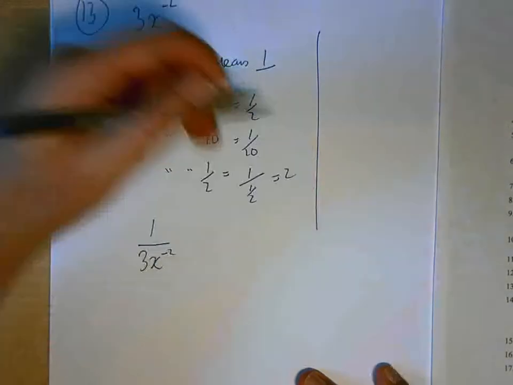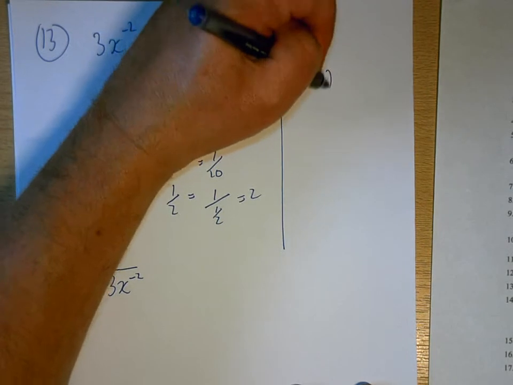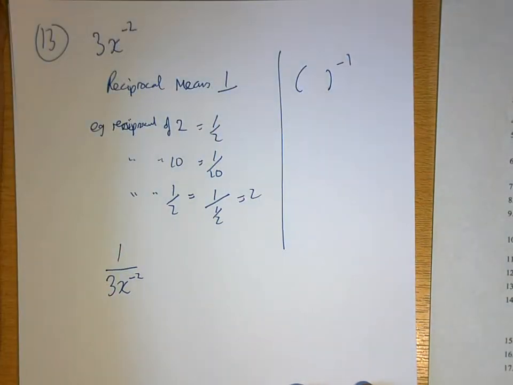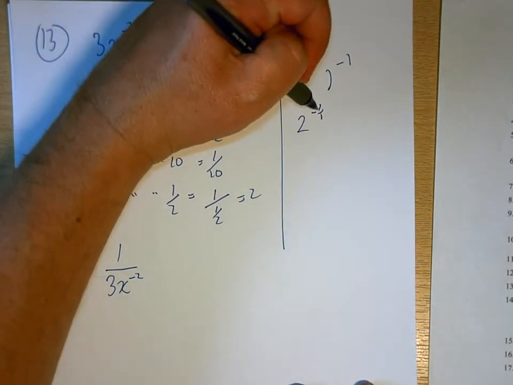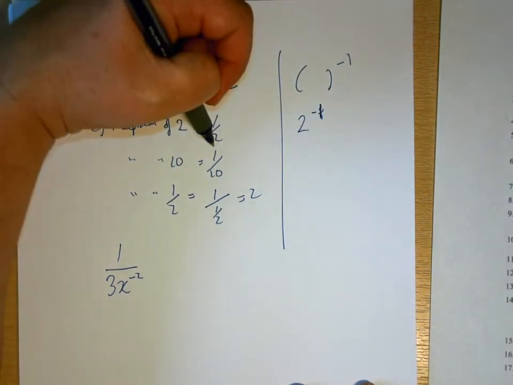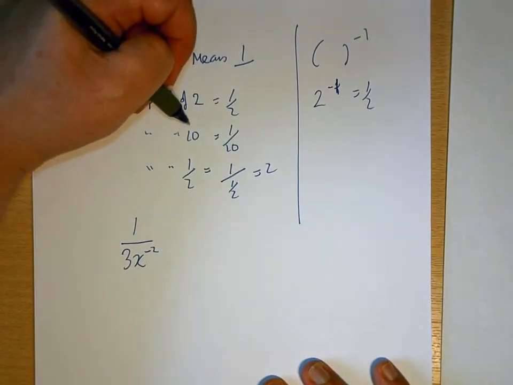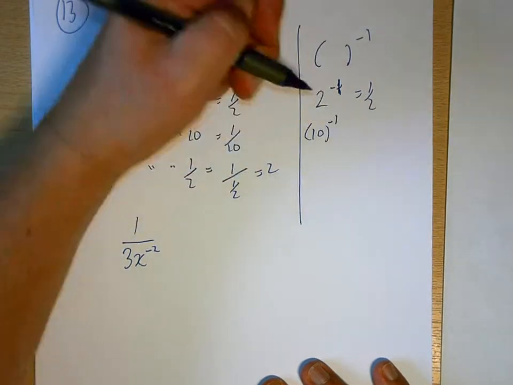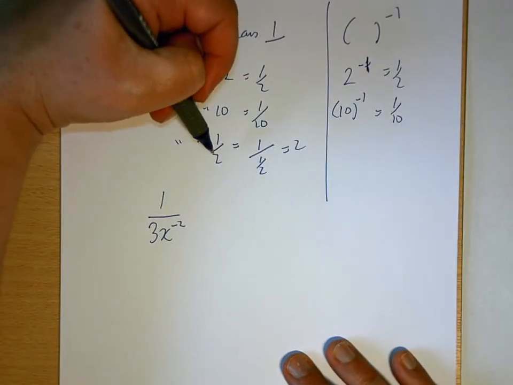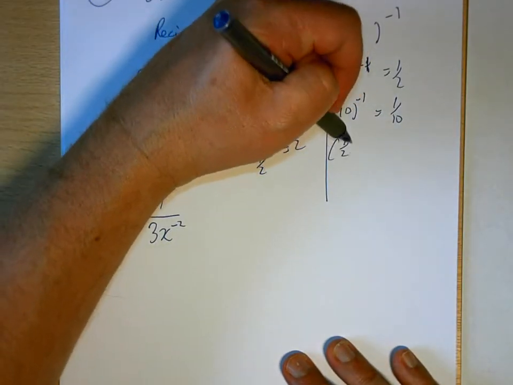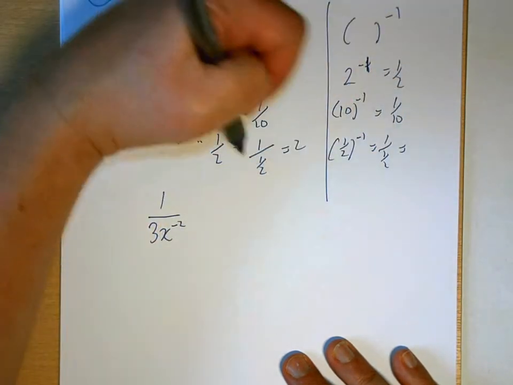If we write it as the power of minus 1, then the reciprocal of 2 is 2 to the power of minus 1, and 2 to the power of minus 1 is a half. The reciprocal of 10 would be 10 to the power of minus 1, which is 1 over 10. The reciprocal of a half would be a half to the minus 1, which would be 1 over a half, which, as we said there, is 2.